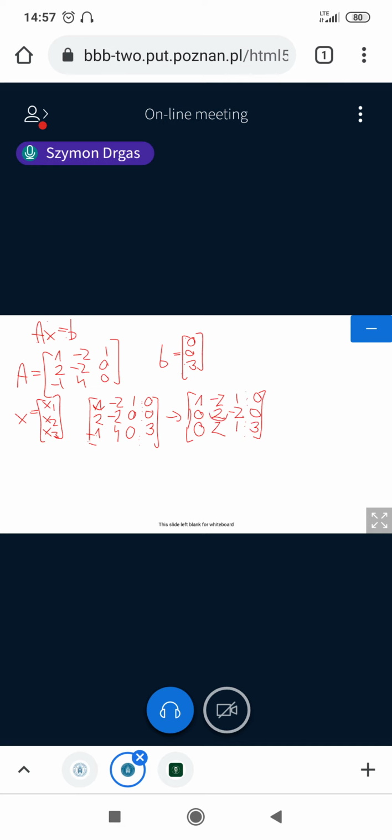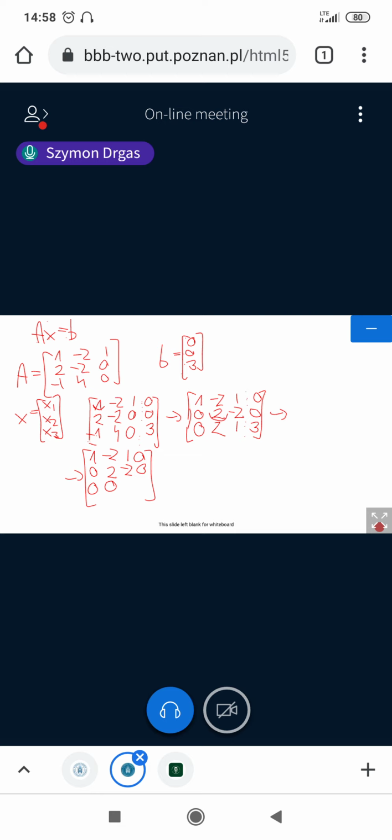And the next pivot is this element in position 2,2. So we need to eliminate entries below this pivot. So we can rewrite the first 2 rows unchanged. And then we can subtract the second row from the third row. So the result will be 2 minus 2 is 0.